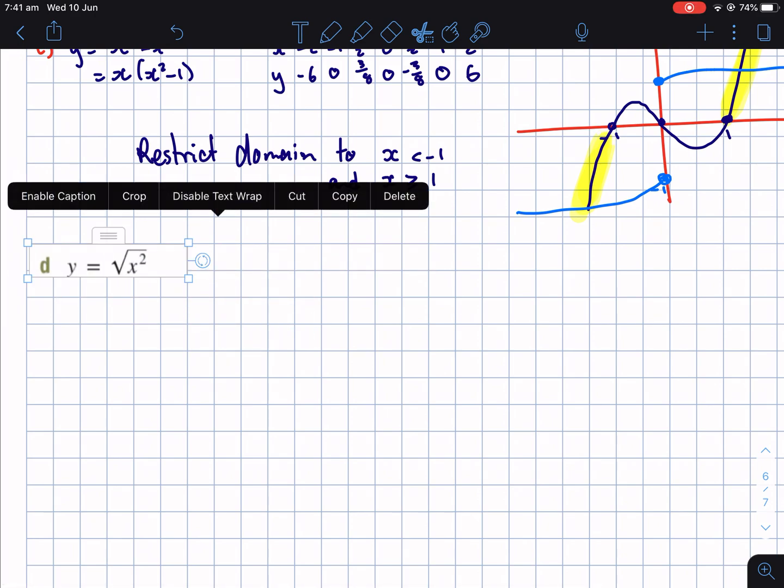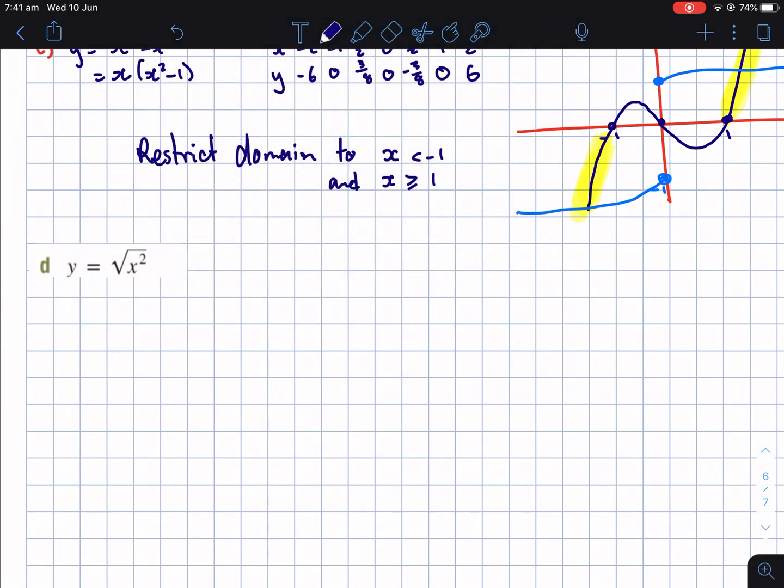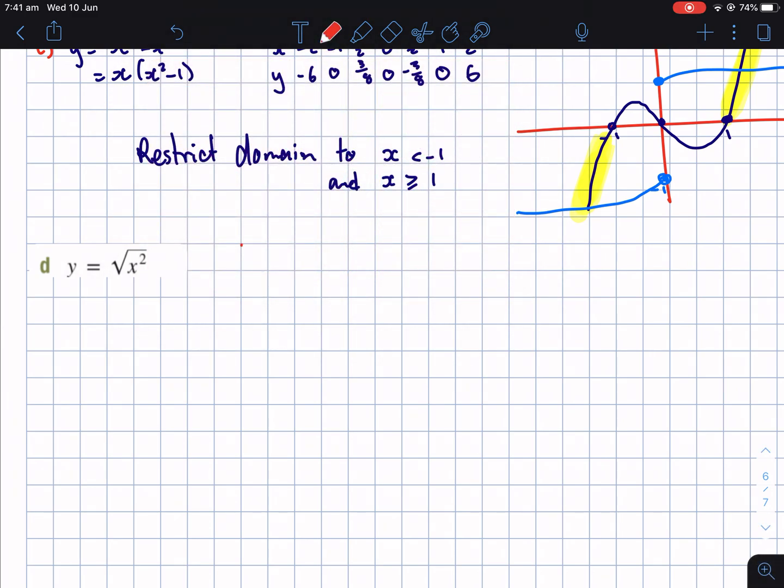Now, to do the square root of x squared, that's literally going to look like, because x squared's always going to be positive, yeah?